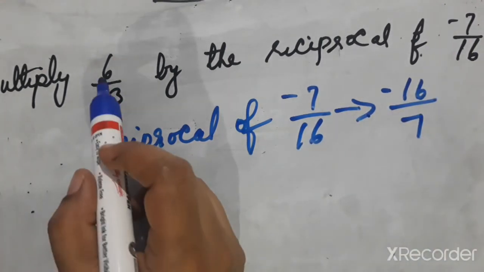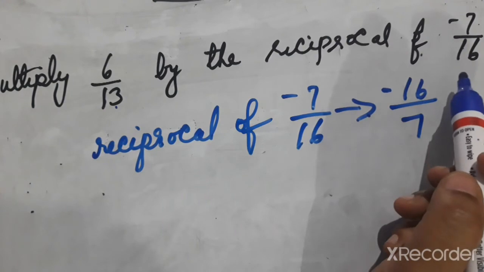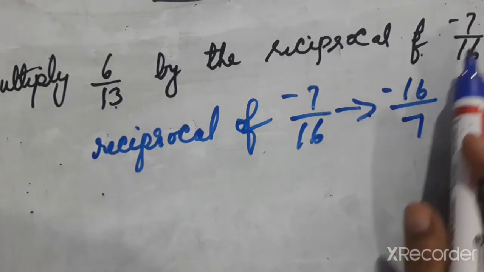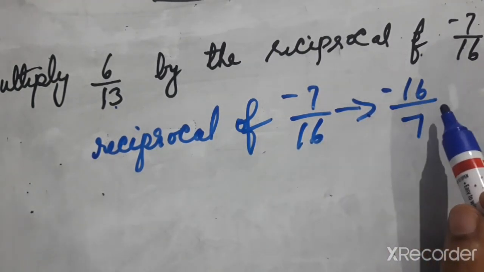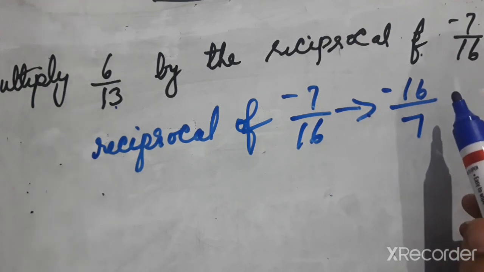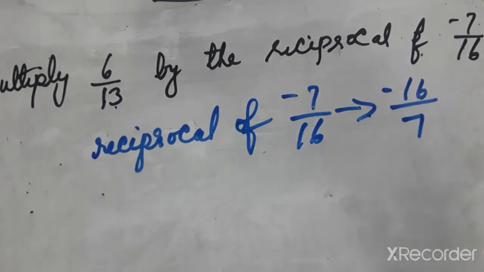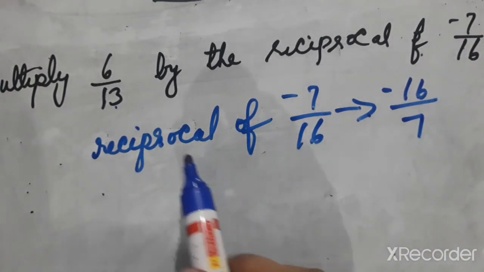Now multiply this 6 by 13 by the reciprocal of minus 7 by 16. The reciprocal of minus 7 by 16 is minus 16 by 7, or we can write 16 by minus 7 also.